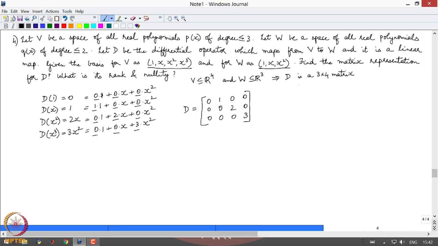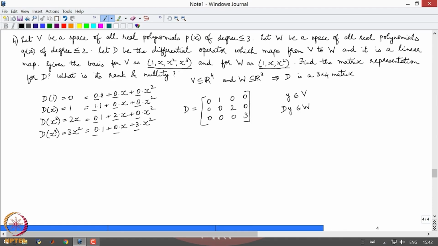So, given an element say y which belongs to V, if I apply this matrix over y, I will get an element which belongs to W, as per this particular basis. So, it is all as per this basis.